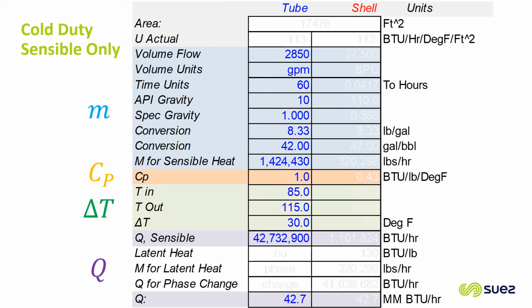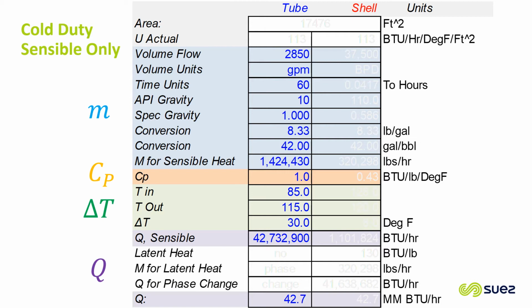So our M starts with a volume flow of 2850 GPM. Various conversions, including the specific gravity, the parts of the British system, which are British engineering units, which are kind of strange, which are the weight of water in pounds per gallon and the number of gallons in a barrel.